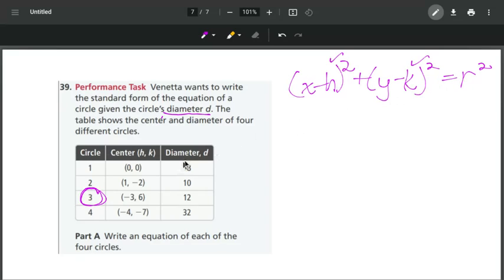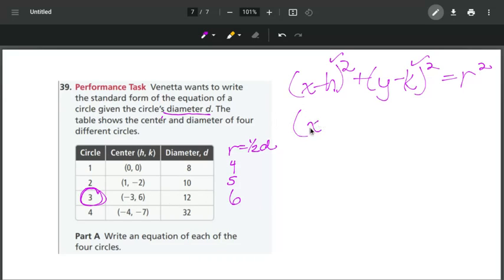However, I do know that the diameter is twice the radius. So if the diameter is 8, the radius would be 4. If the diameter is 10, the radius is 5, because the radius is half of a diameter. If the diameter is 12, the radius would be 6. So now I have what I need to write the equation for this circle.